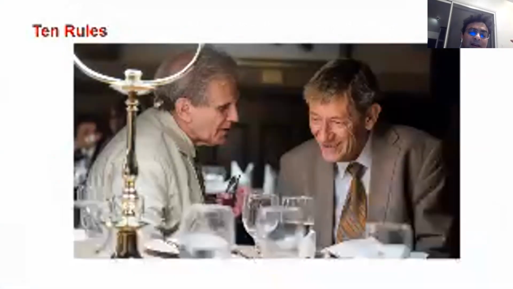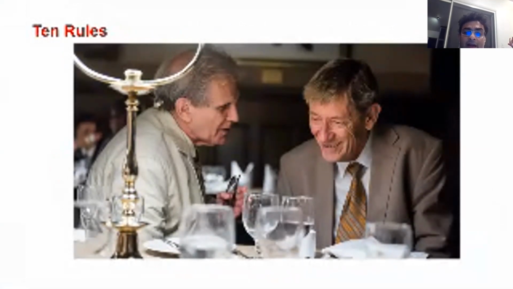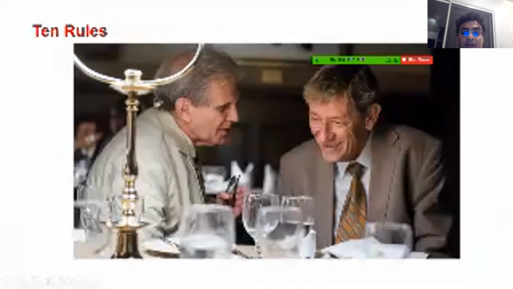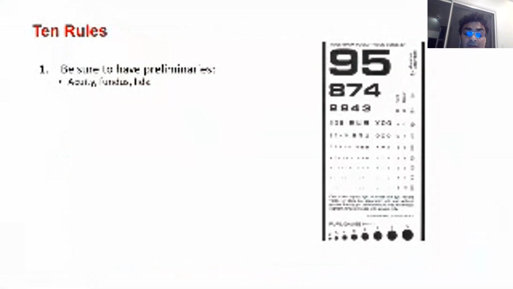So basically, we essentially talked about these 10 rules that I learned from my mentor, David Z, who is here, and John Lee here. These 10 rules have helped me tremendously as I practiced neurotology and eye movement neurology, or neurology in general. First of all, if you're looking at somebody's eye movement, you have to make sure that you have the preliminaries.